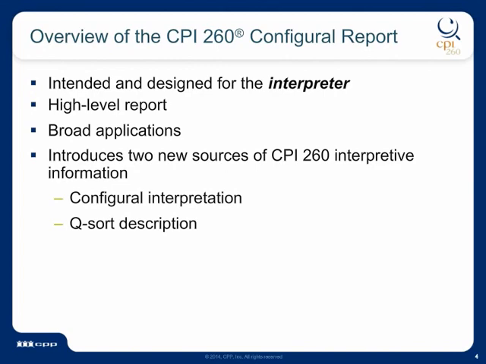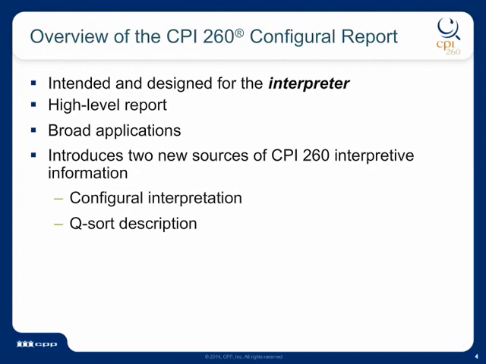counseling, and personal training. The CPI 260 Configural Report introduces two new, very important sources of interpretive data. Part 5 of the report offers a series of client descriptions based upon an examination of 80 possible configurations or combinations of multiple CPI 260 scales.